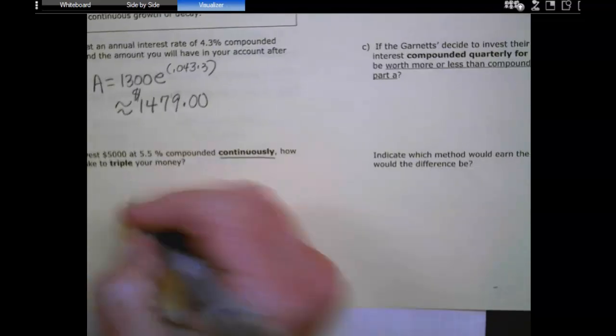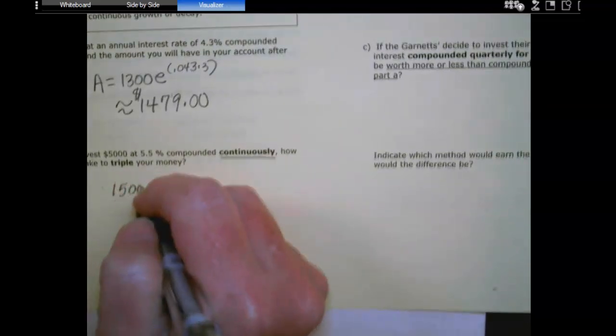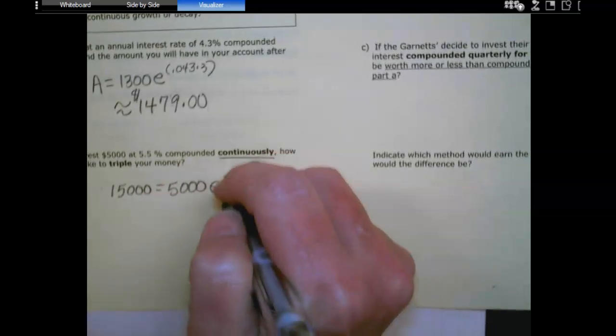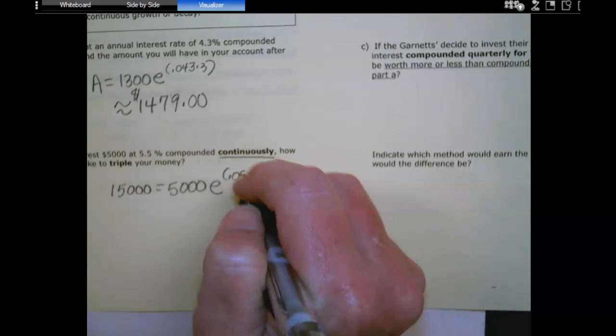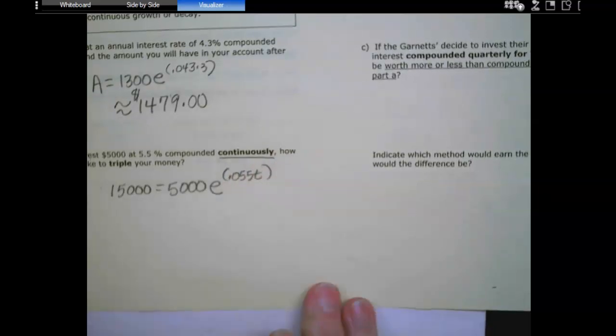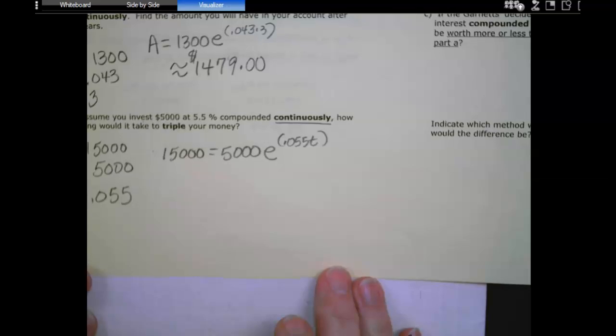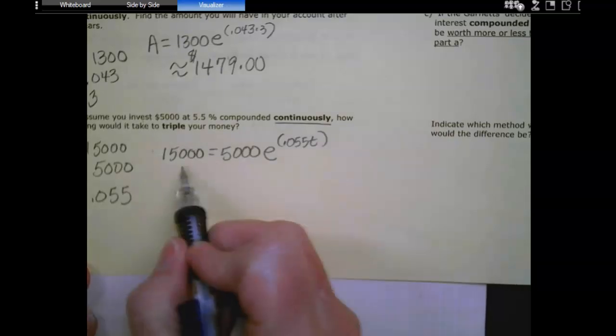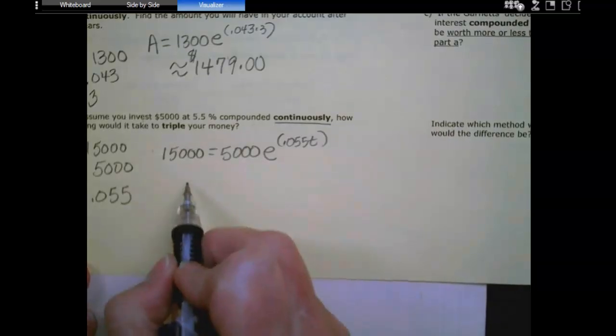Okay, so I'm going to write 15,000 equals 5,000 E raised to the 0.055 T. So I am going to divide by 5,000, but y'all look, when I divide by 5,000, what do I get on this side?